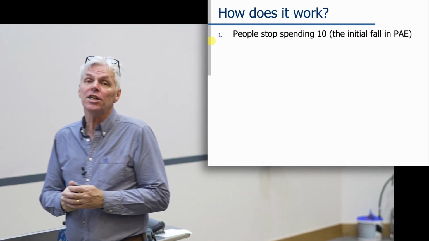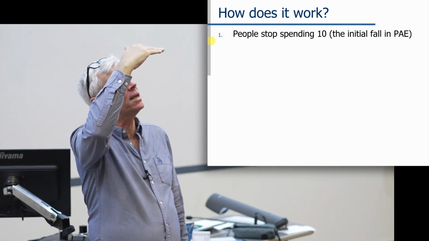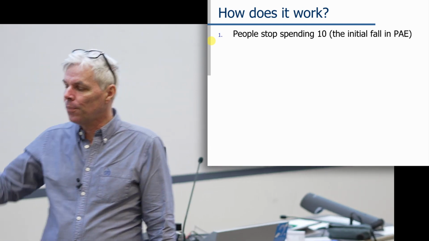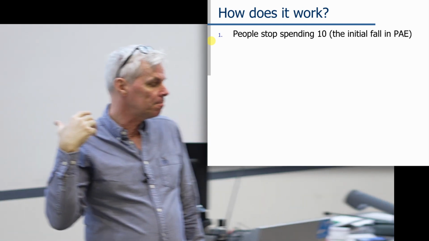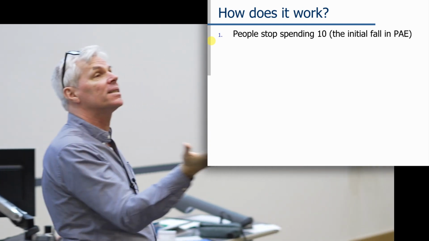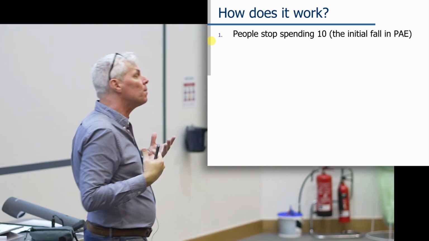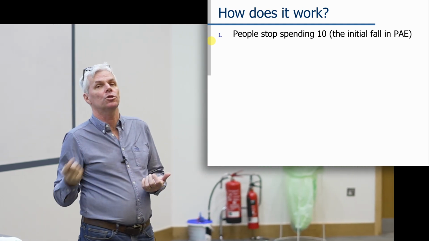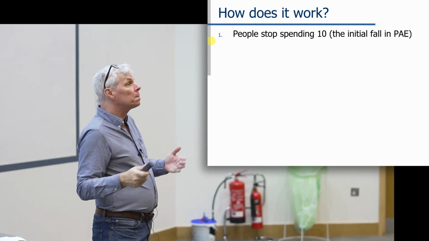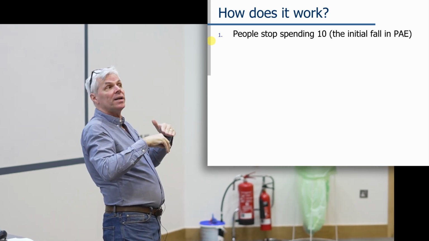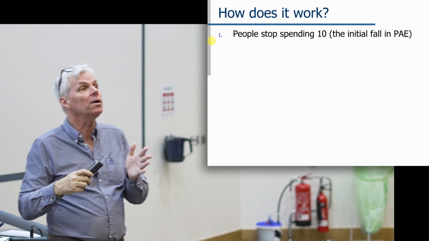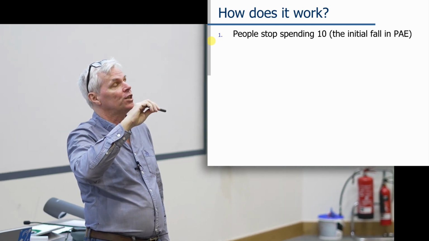Initially, autonomous expenditure goes down by 10. We can think, for example, that people stop spending 10. People become pessimistic about the future. I start worrying that I'm going to lose my job, and so I start not spending quite as much. The way we're telling the story is that your autonomous expenditure falls.